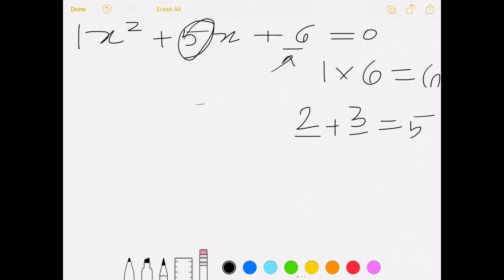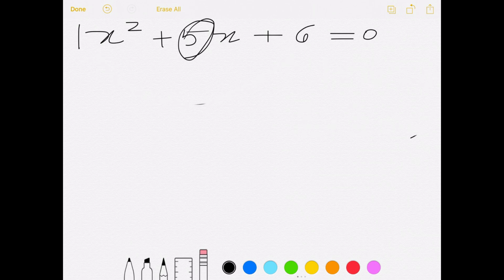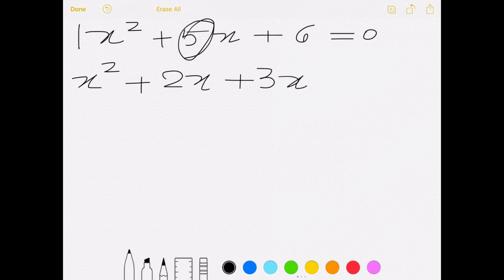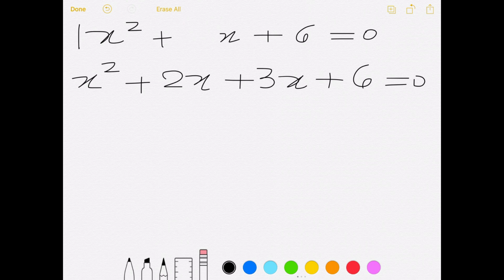So we can write the next step like this. x square, I'm not writing the 1 here, x square plus 2x plus 3x plus 6 equals 0. Instead of 5x, now we have written 2x and 3x. That is how we have split the middle term. Got it?